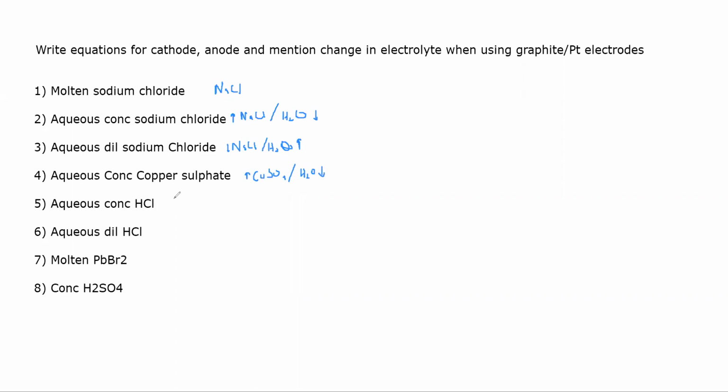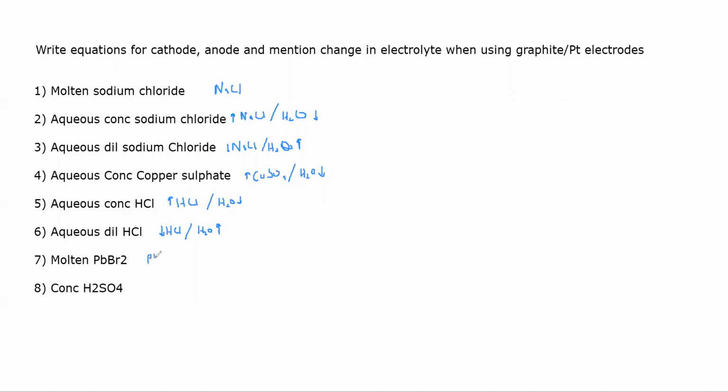Aqueous concentrated HCl contains HCl and H2O. Concentrated means more HCl and less water. Dilute HCl means it contains more water, less HCl.